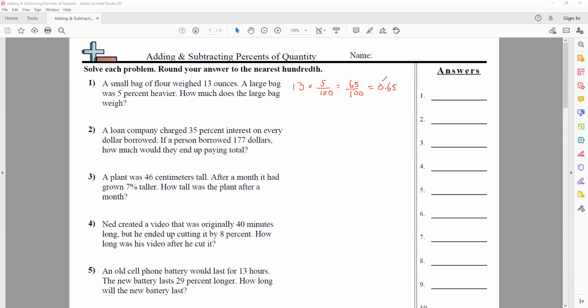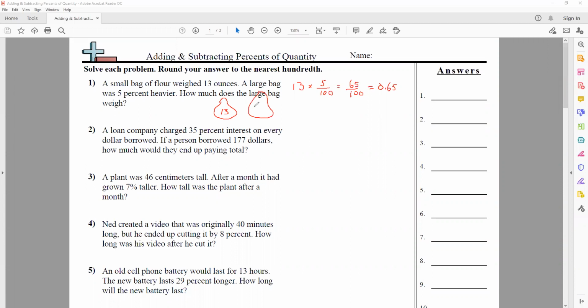This is your 5%. How much does a large bag weigh? The small bag is 13 ounces. The large bag is 65. Wait, say that again. It's not 65. Okay, I'm going to draw a small bag. It's 13 ounces, right? The large bag is a little bit bigger.